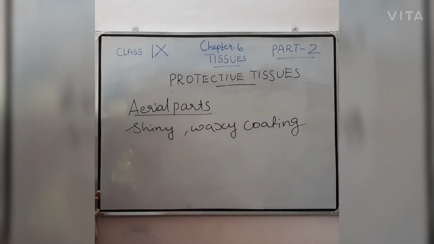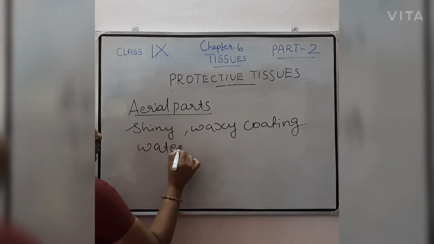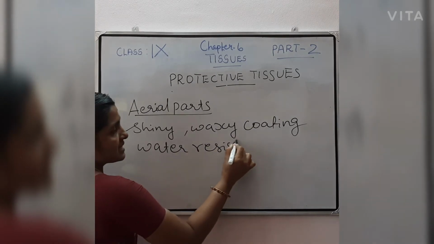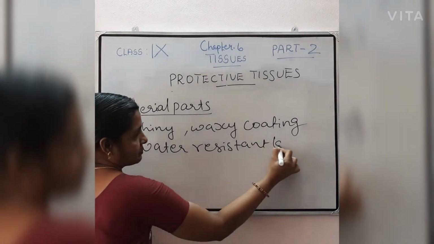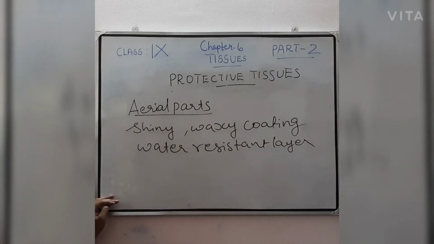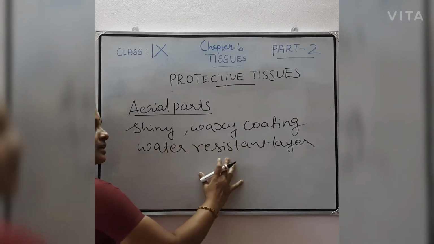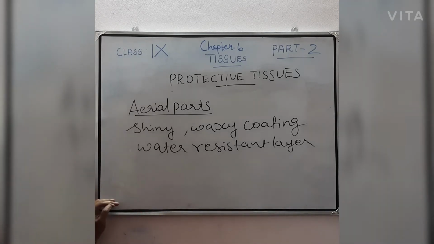Shiny waxy coating. And this shiny waxy coating is a water resistant layer also. So the aerial parts of the plant body are covered with a thin waxy coating, which is a water resistant layer.